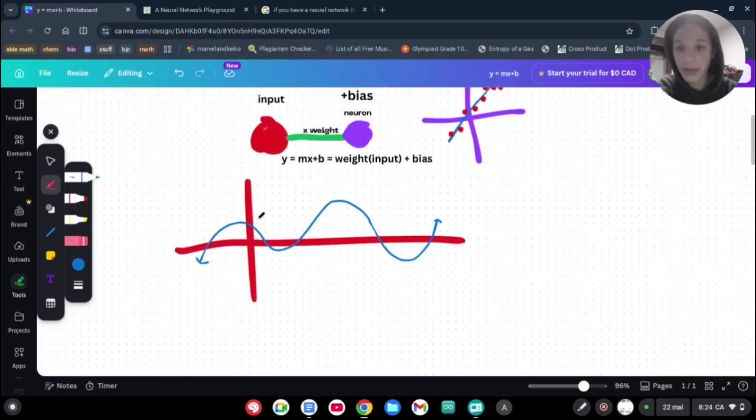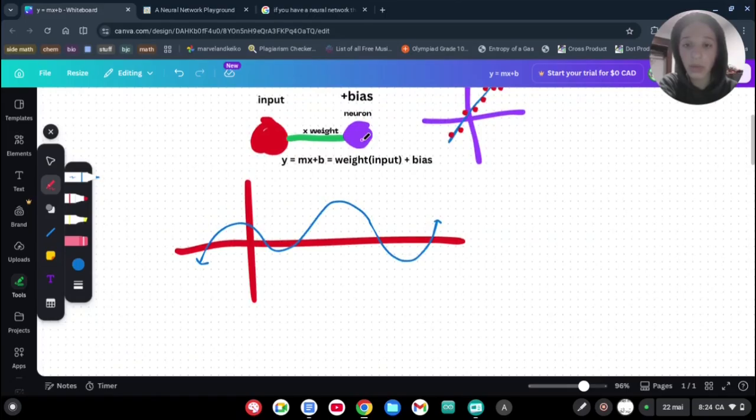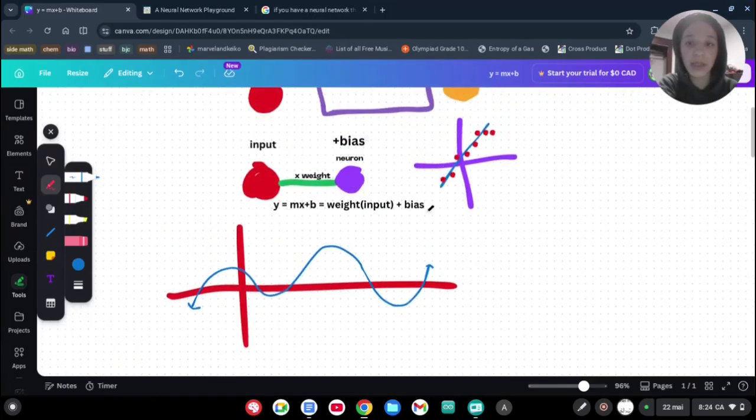Now if I just use this neural network, the predictions it can make are just a line of predictions depending on the input you use.